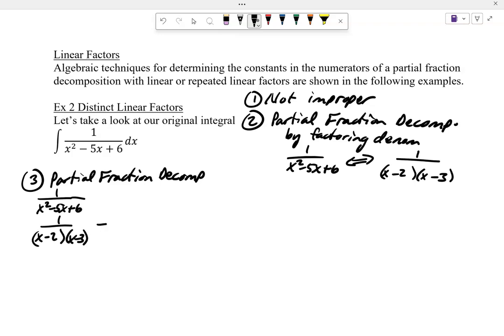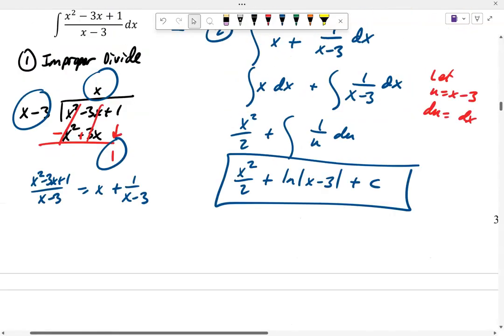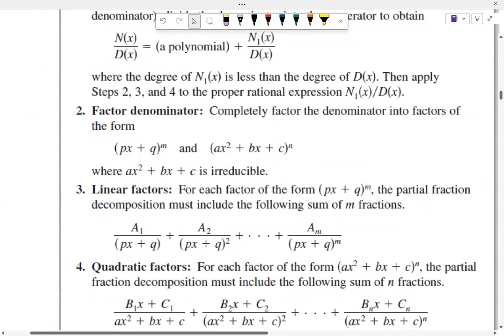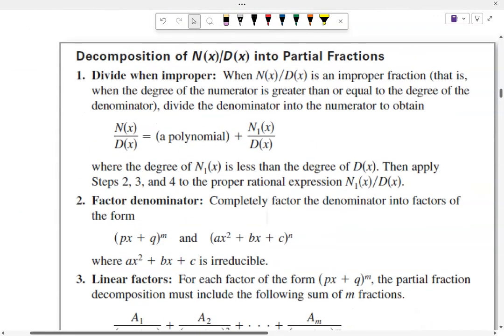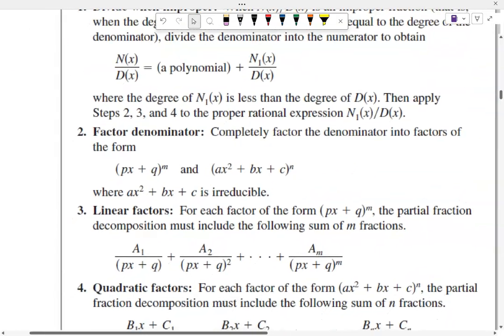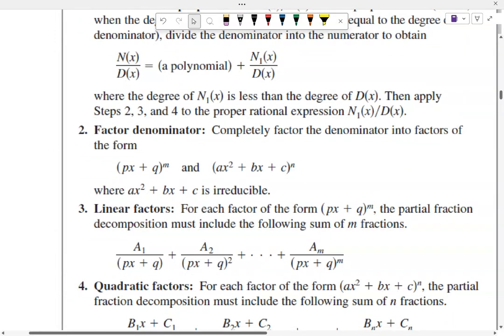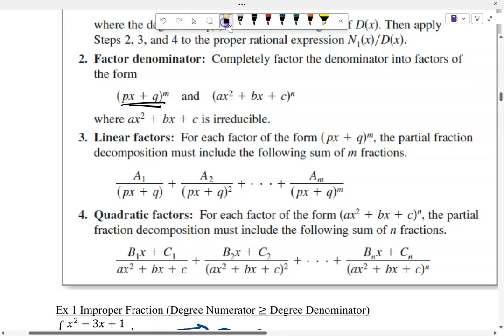Okay, equals. Now let me go up to this guide for a minute. So we're doing number 2. We just factored our denominator, and it is in a set of irreducible factors, right? They're linear factors. So now I'm on to number 3 here.